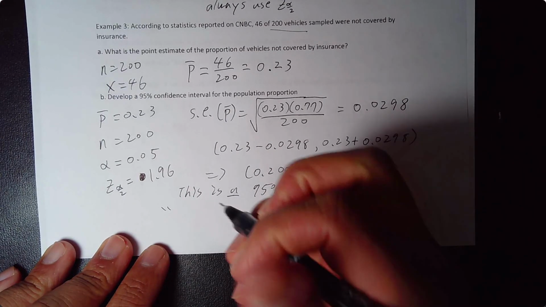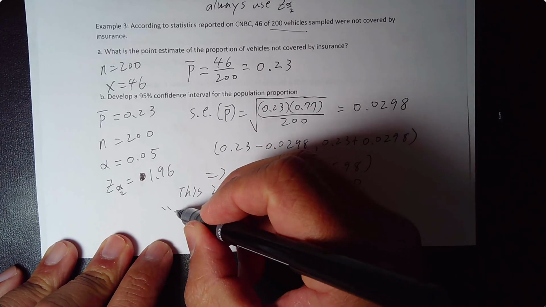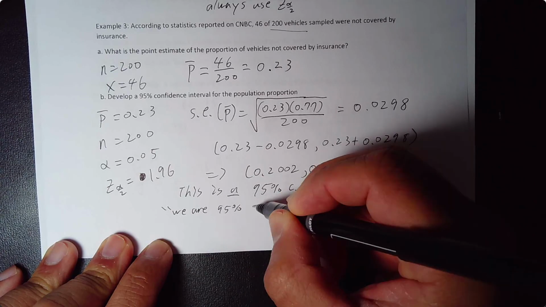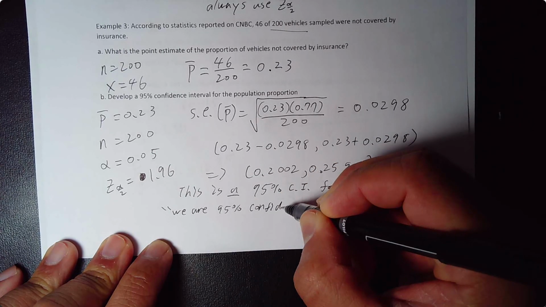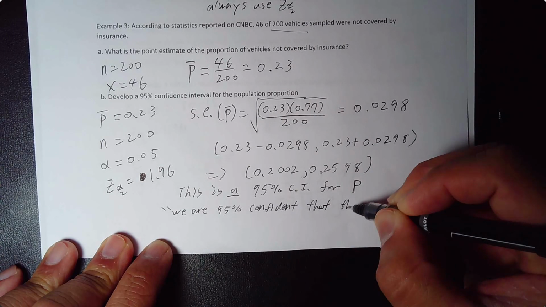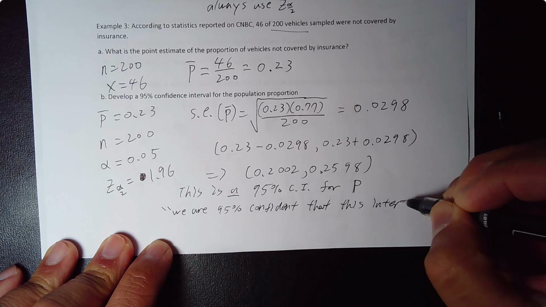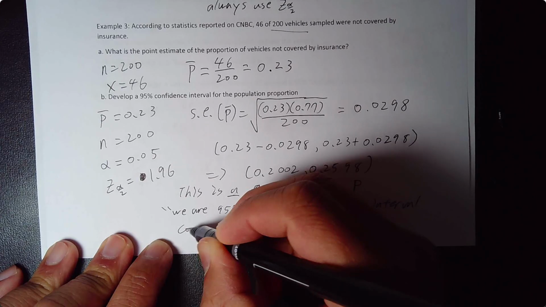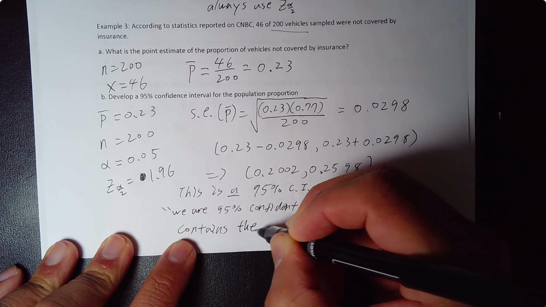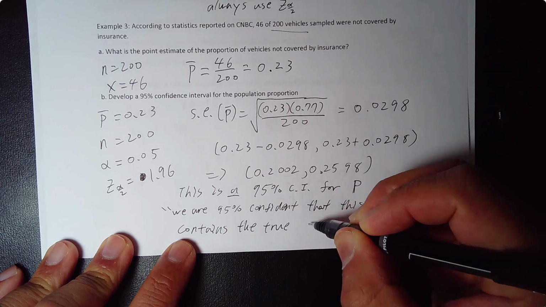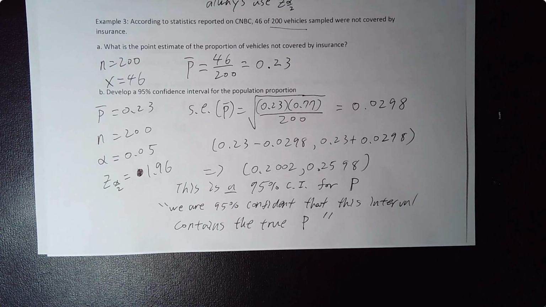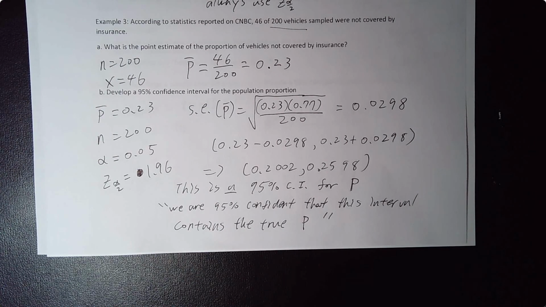One way we can say is that we are 95% confident that this interval contains the true population proportion p. Okay, and that's it for interval estimation.